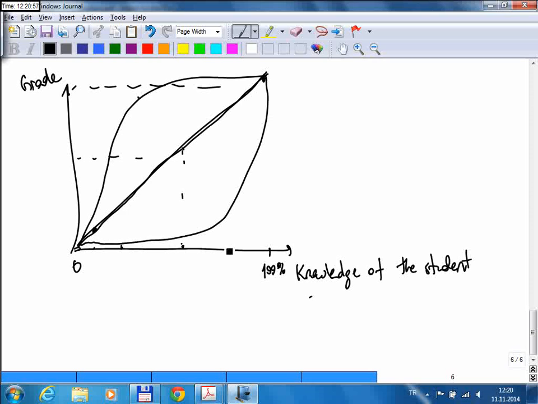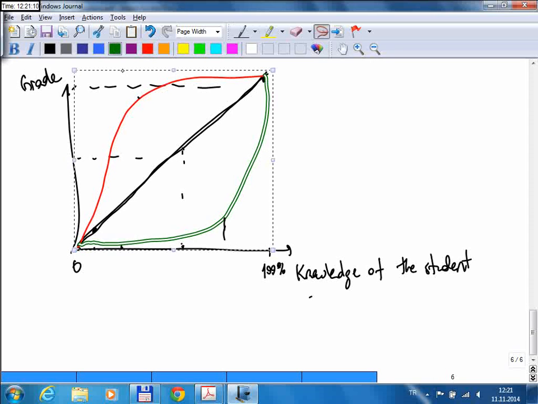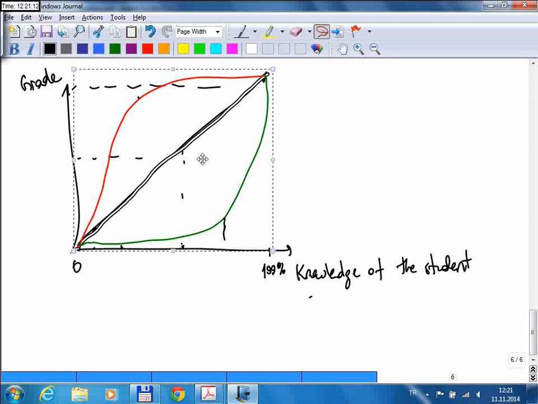You know pretty much everything, but yet you get a very poor grade. That's a bad thing. These are all nonlinear relations, as you see. This one, let me use colors. This is the ideal one, and that's a straight line, a linear relation. See, there's a reason I like linear systems. I think it's fair.